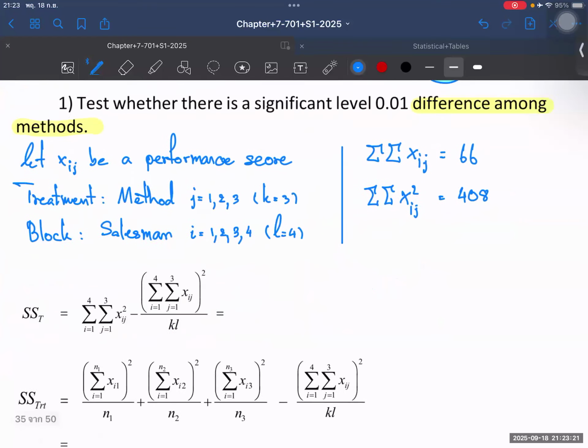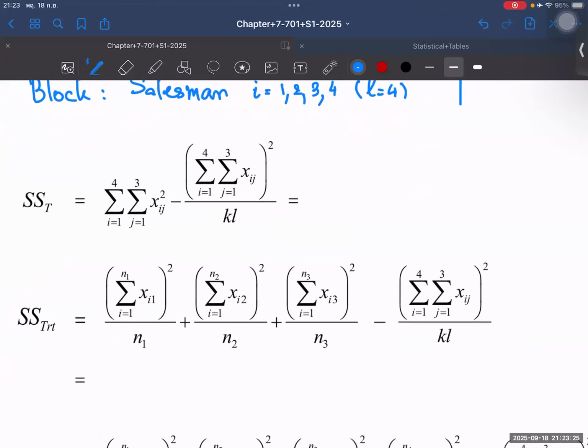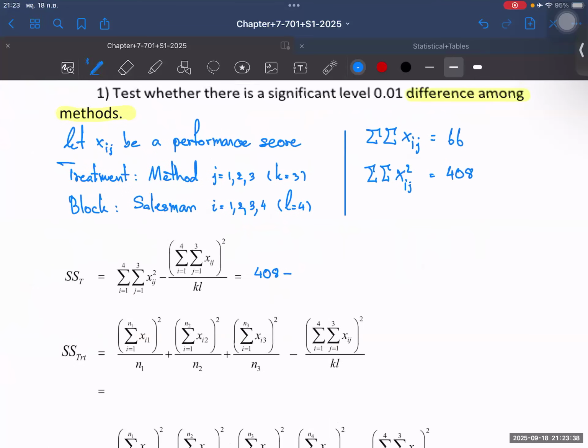So we plug in for the sum square of the total. The sum square of the total is 408 minus, so be careful of the sample size.